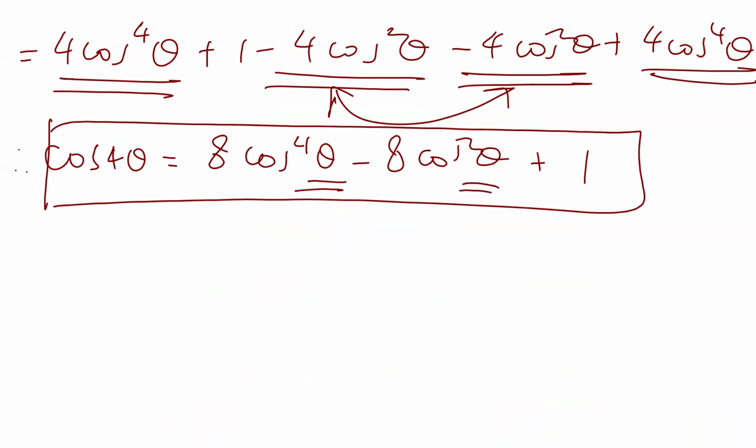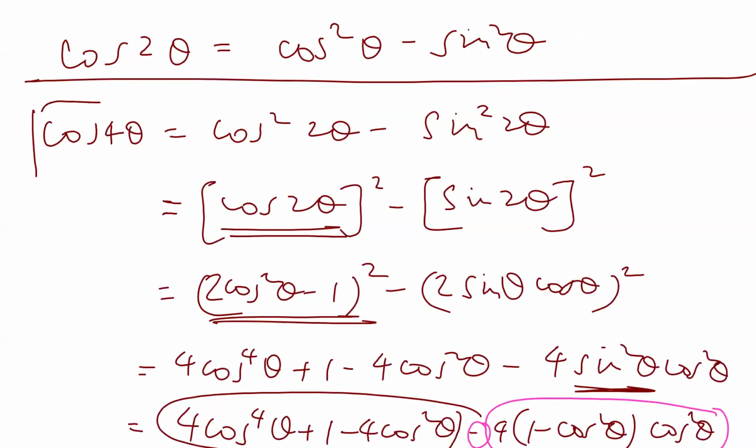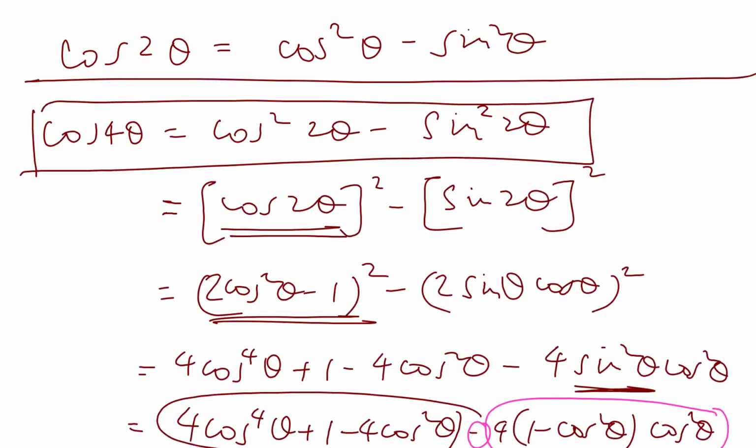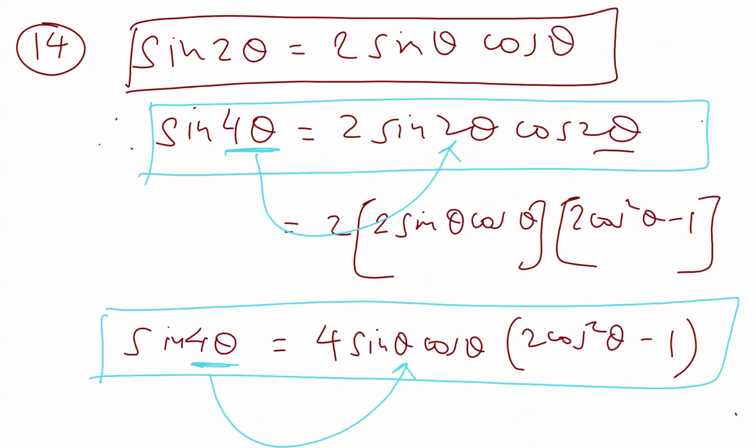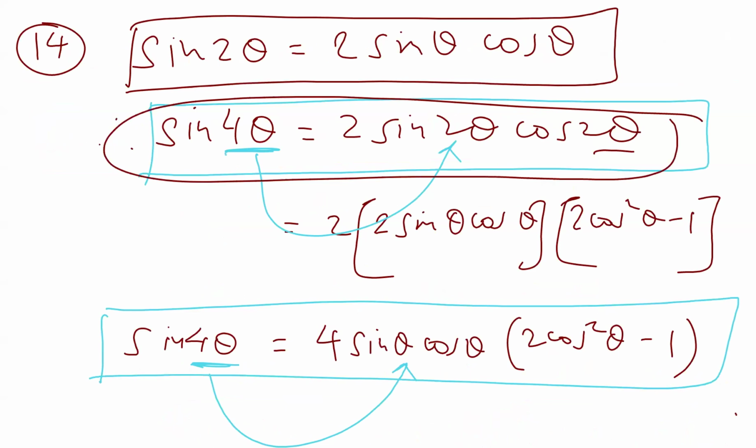Okay, and at the same time, we had written it in terms of 2 theta as well. Now tan 4 theta is sin 4 theta upon cos 4 theta. So what is sin 4 theta? We had calculated it earlier. This is sin 4 theta upon cos 4 theta.